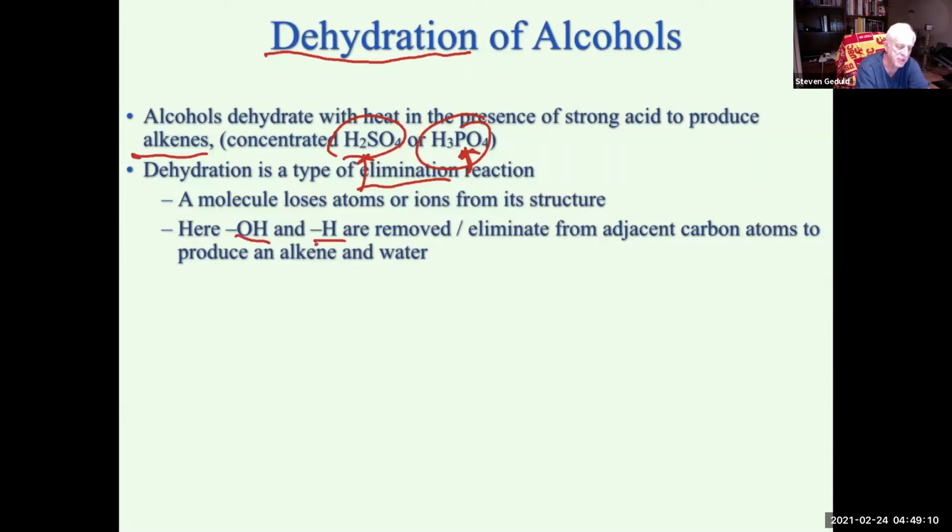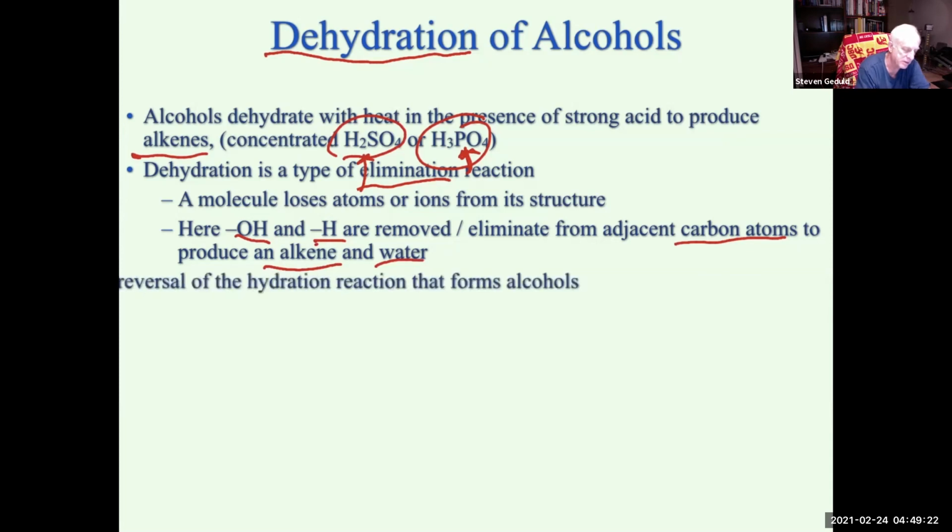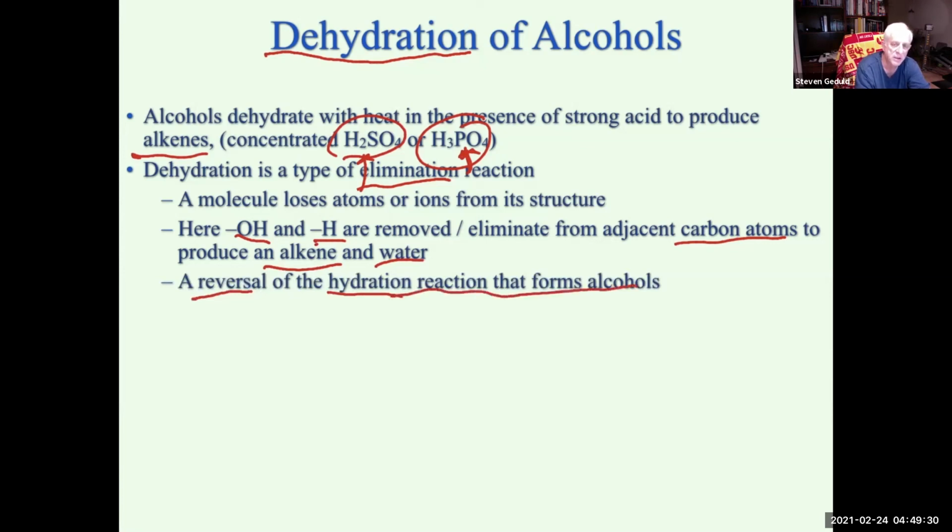They're eliminated from adjacent carbon atoms to produce an alkene and water. So we go back and produce our double-bonded alkene and water as our products. It's a reverse of hydration. Remember, the hydration reaction forms an alcohol. The dehydration reaction forms an alkene. It gets rid of the water.